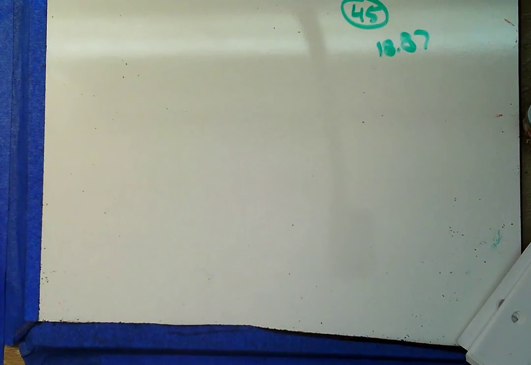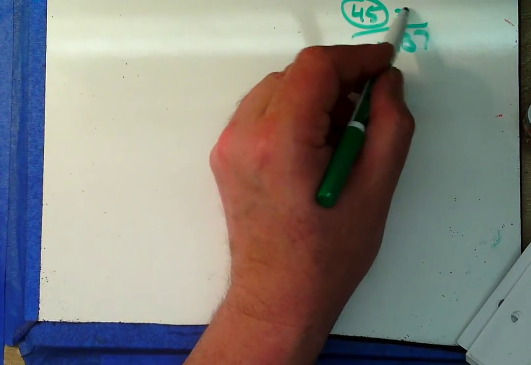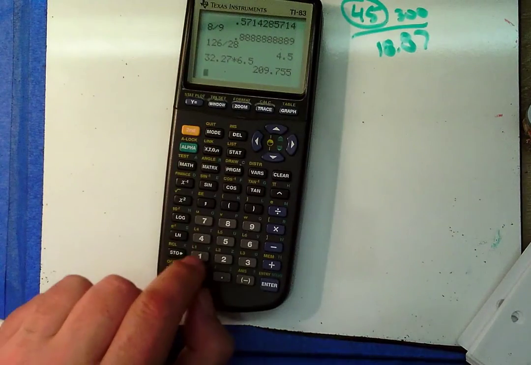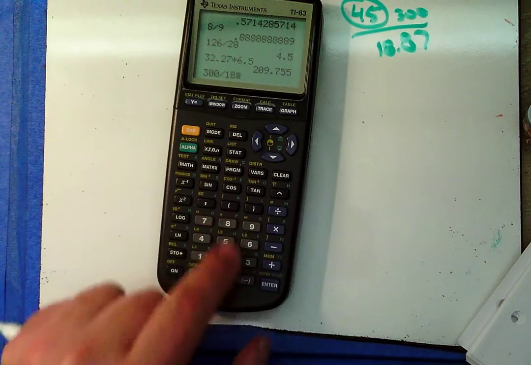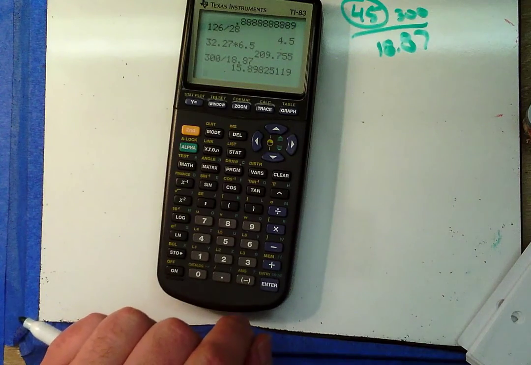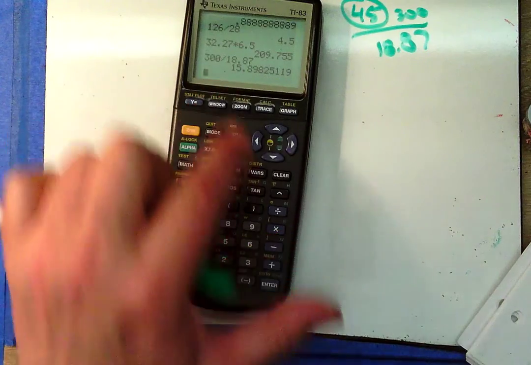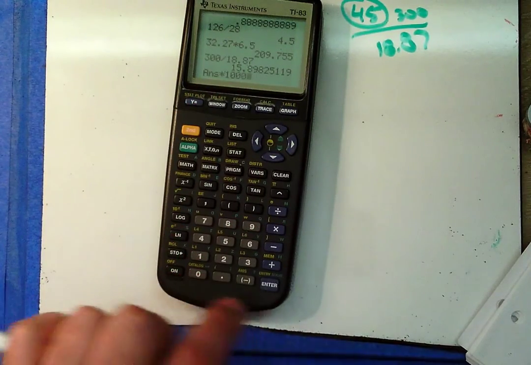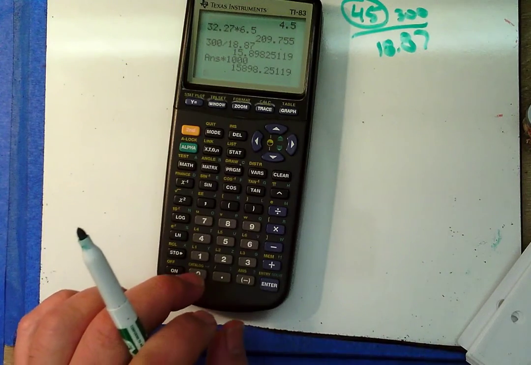And if she divides at 5%, that's the number in 5%. If she divides her $300 a month by this, we can find out how many increments of 18.87 she can afford to pay back. And that's 15.89. Well, each of these increments is $1,000, so times 1,000. And so the most is 15,898.